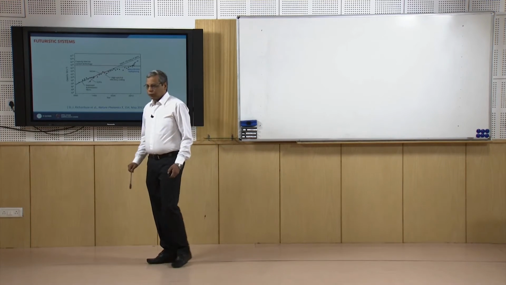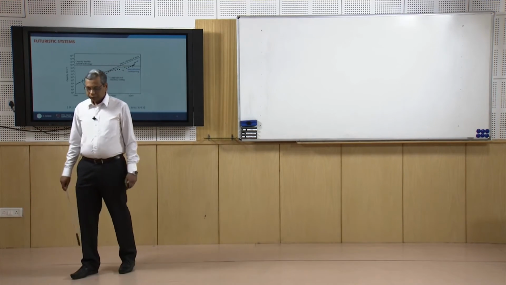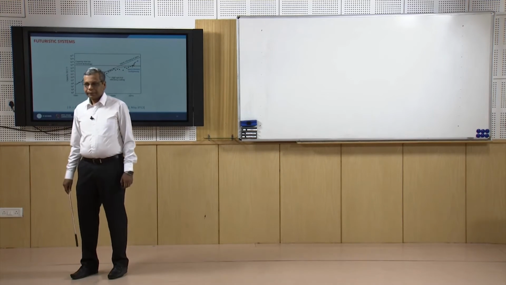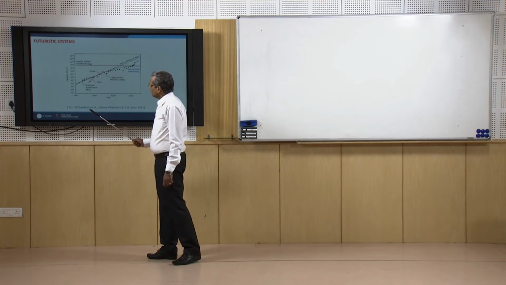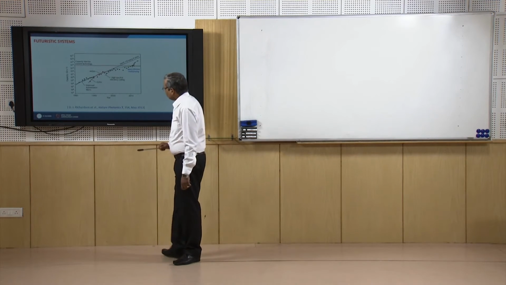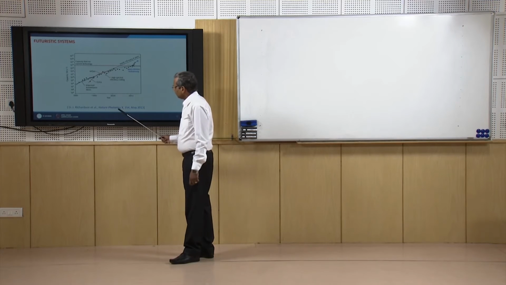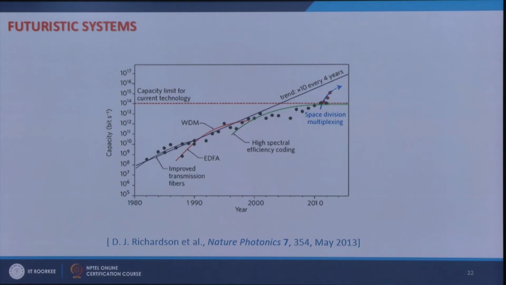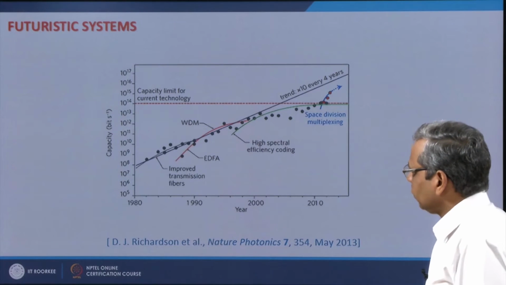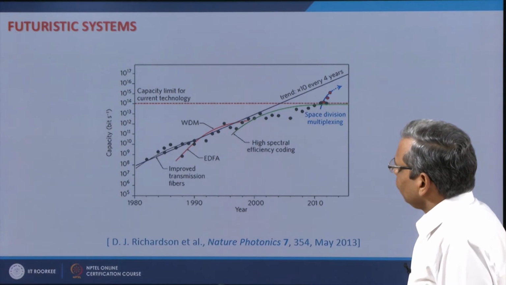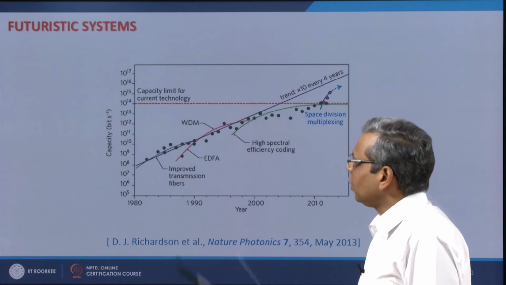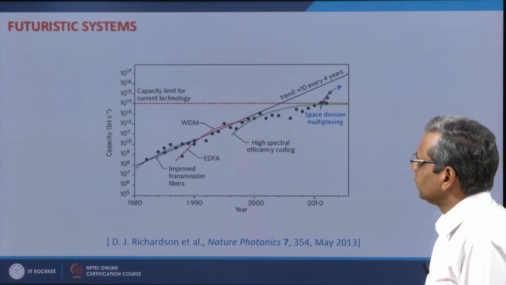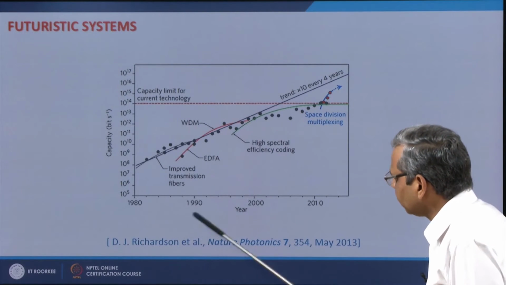Now, to understand where we are heading, I am presenting a view graph from a paper published in Nature Photonics in 2013 by Dave Richardson et al., where this view graph shows how the capacity of optical fiber telecommunication systems has evolved over time.